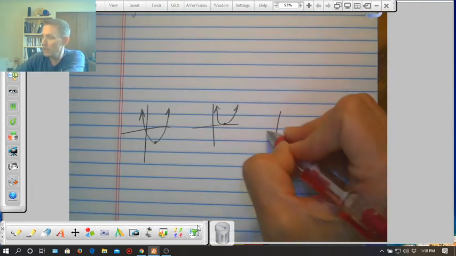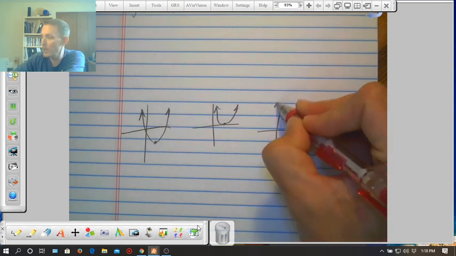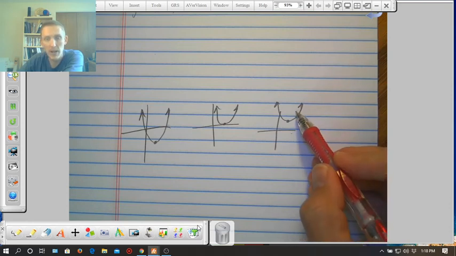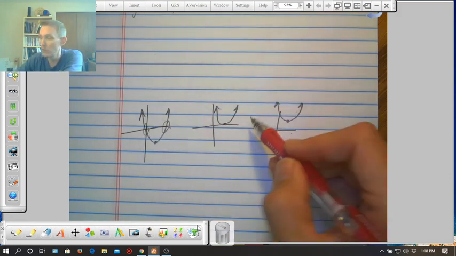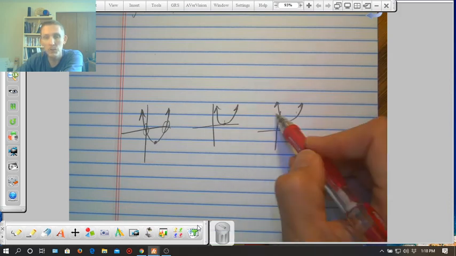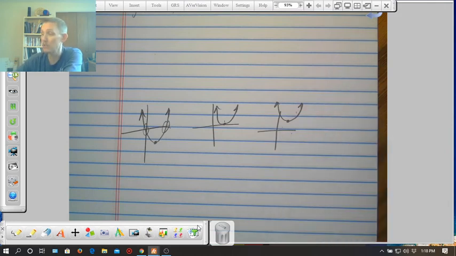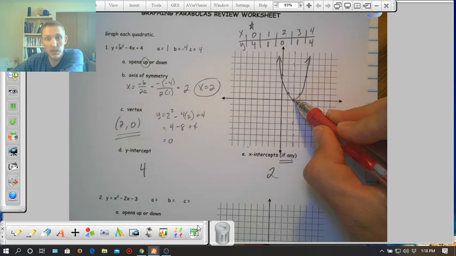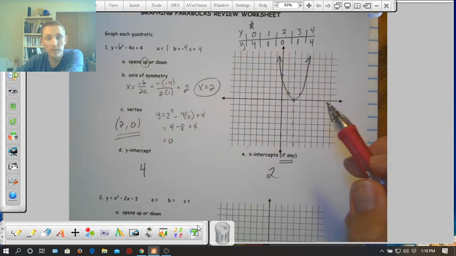And then there is the situation where the parabola opens up and starts above the x-axis. Well, this one is going to have 0 x-intercepts. So this one's going to have 2 here and here. This one's going to have 1. And this one's going to have no x-intercept. So I'm going to say none if that's the case. So if I come back to this one here, this one had 1 x-intercept, and the x-intercept was at 2. The y-intercept was at 4.